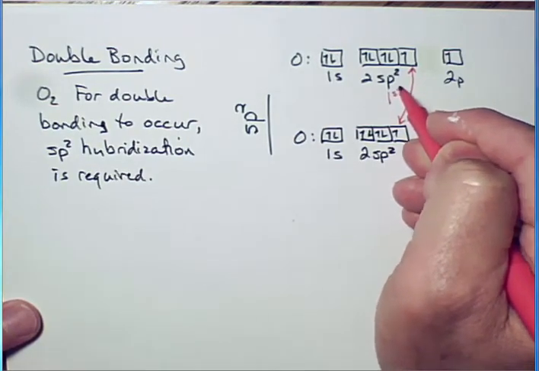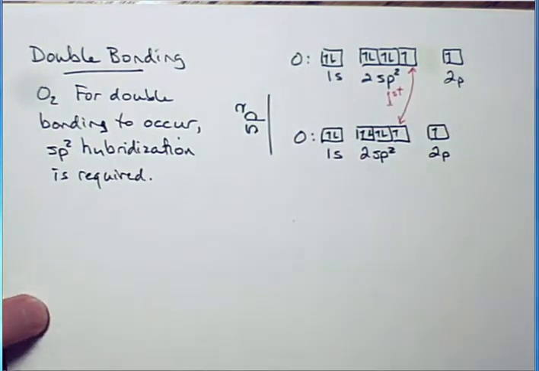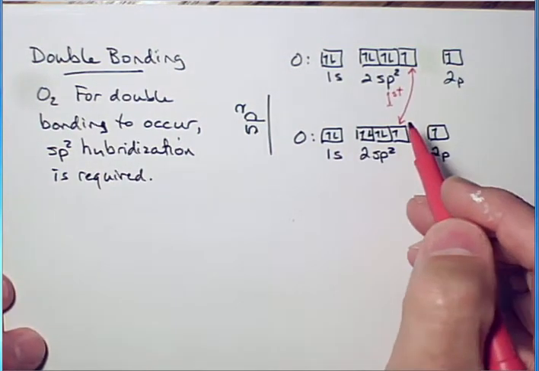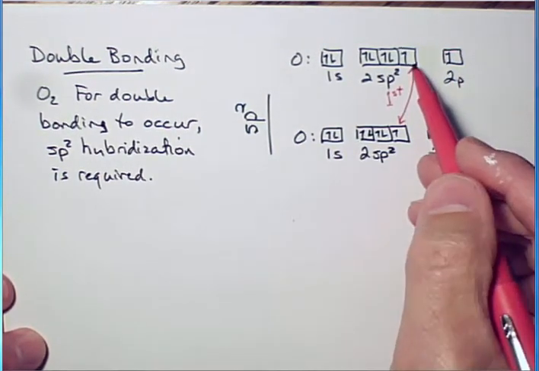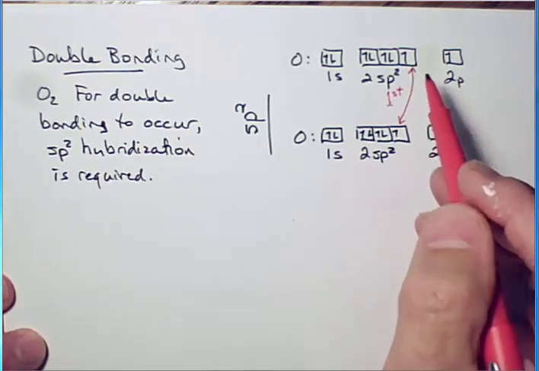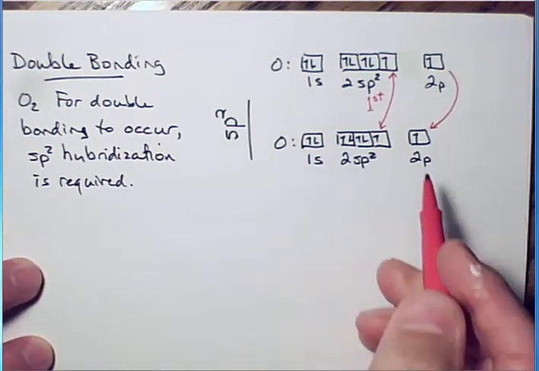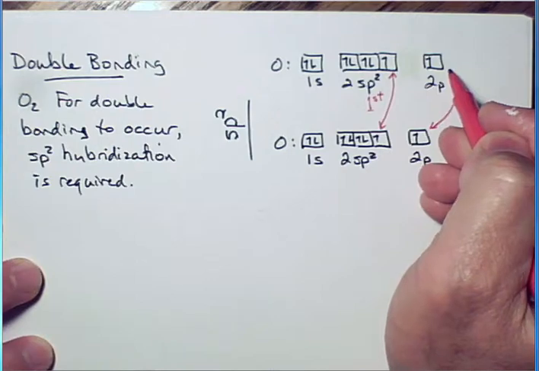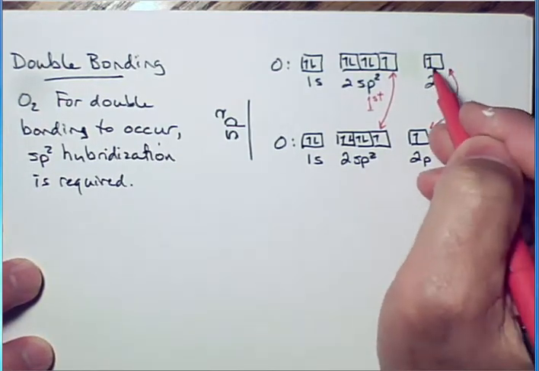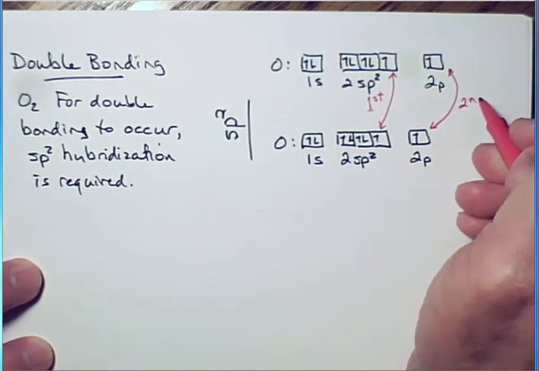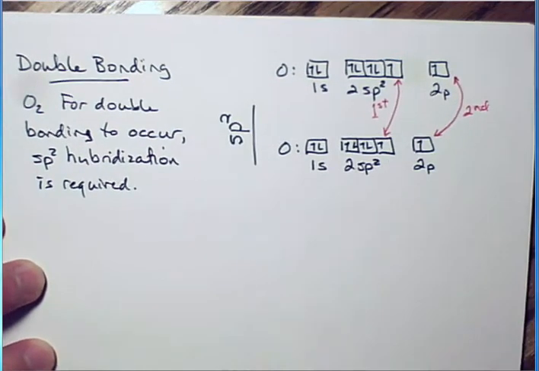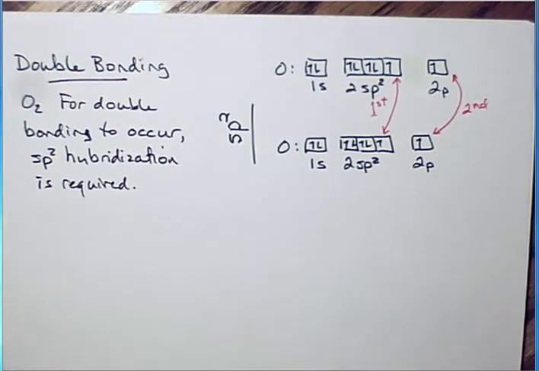It's first only in that you can't do this one unless this one is also taking place. So the 2 unhybridized p orbitals can share electrons, but only if we also are sharing electrons in hybridized orbitals.